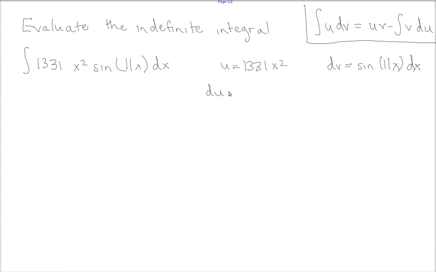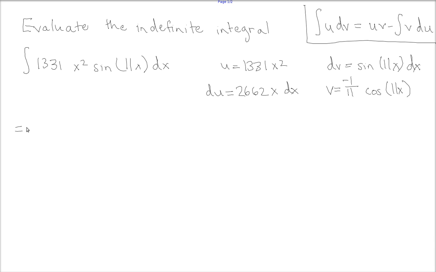If we take the derivative of u, du will be 2662x dx. And then integrating sine of 11x, the integral of sine is negative cosine 11x, and then we have to multiply by 1 over 11.